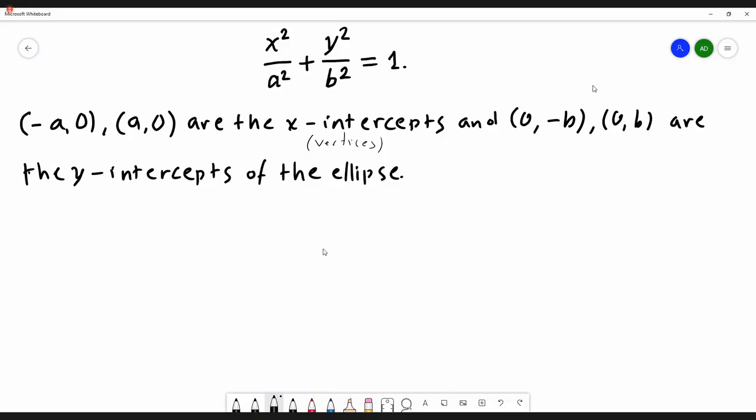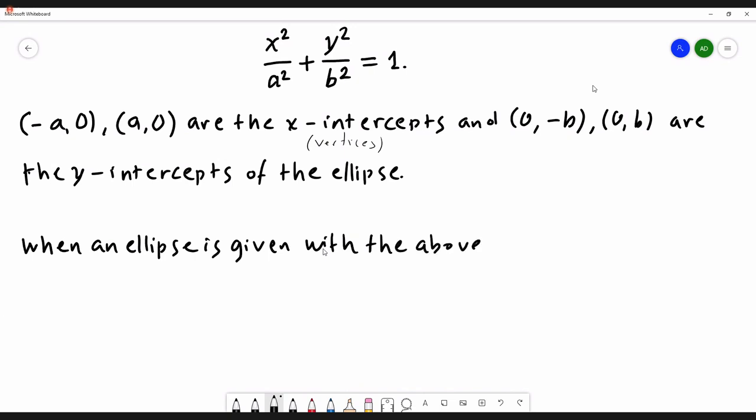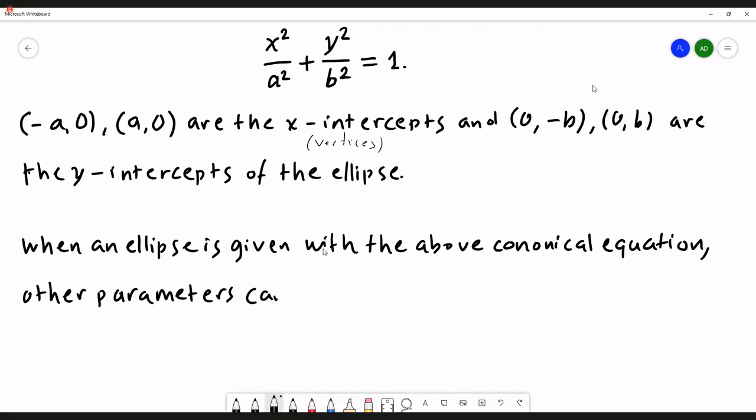When an ellipse is given with the above canonical equation, other parameters, of course not all important parameters, can be computed in terms of a and b as follows.